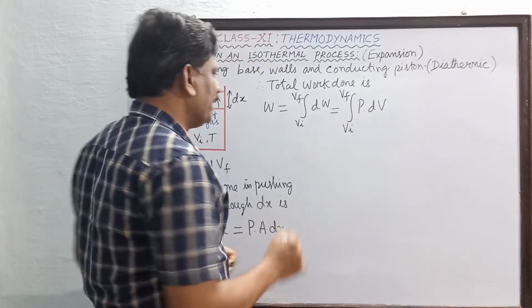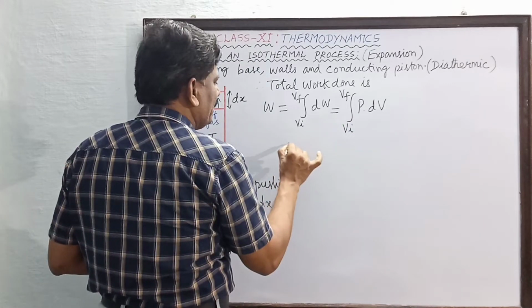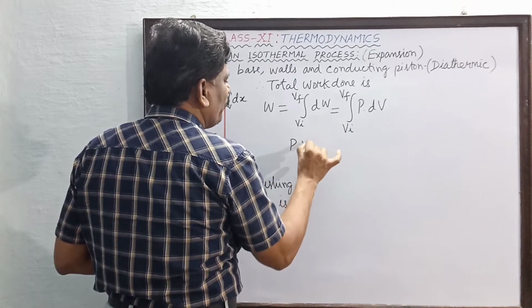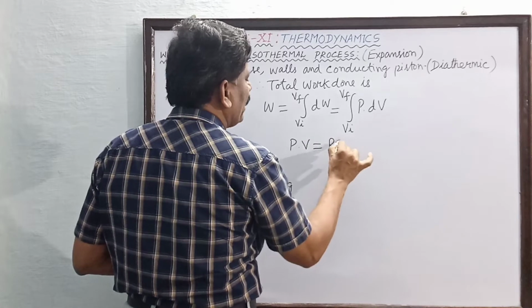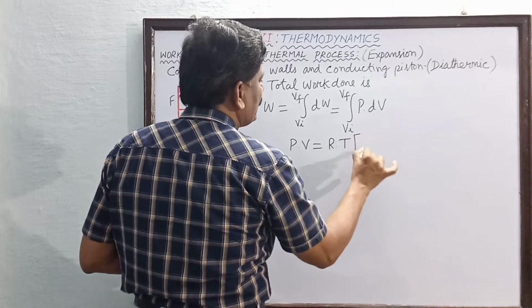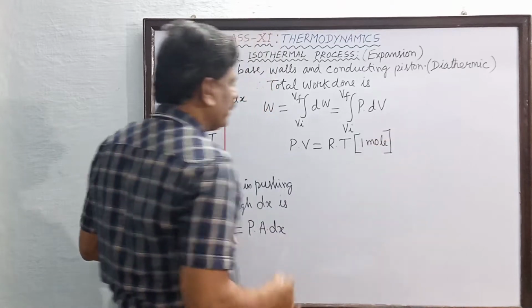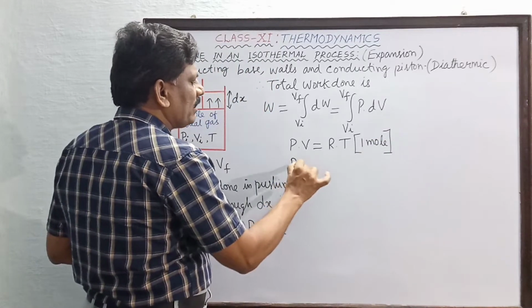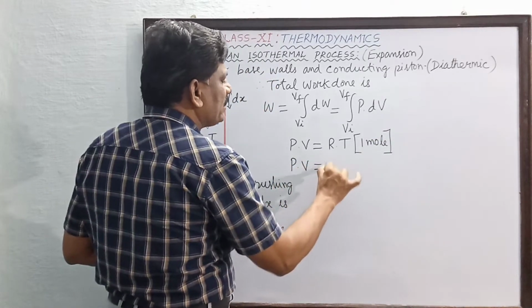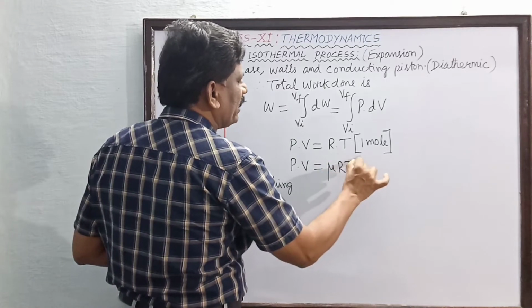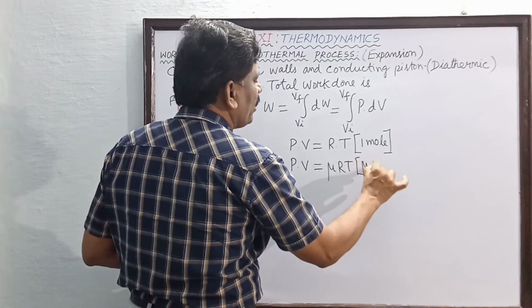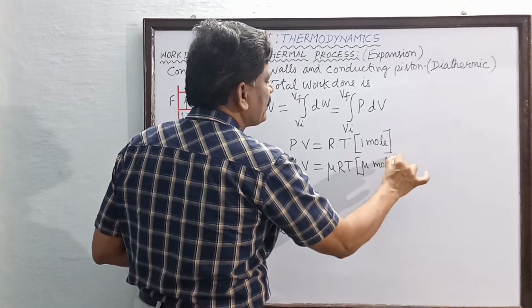So I will take the ideal gas equation PV = RT. This is for 1 mole. So for mu moles, PV = mu RT. So it is for mu number of moles.